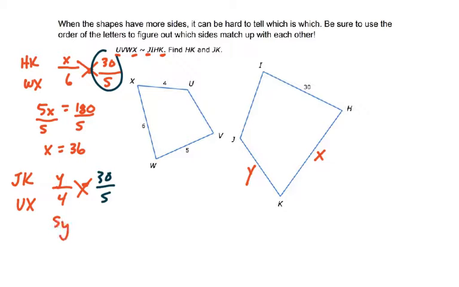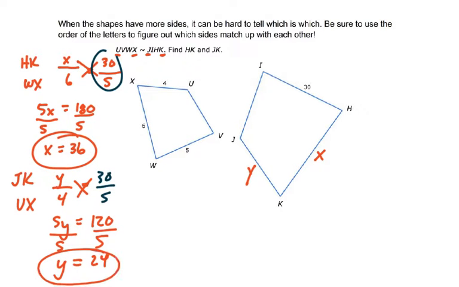So we have 5y equals 120. We're going to divide by 5 so that y equals 24. X equals 36, y equals 24, so 36 here, 24 here, and now we know the missing sides that we were asked to find.